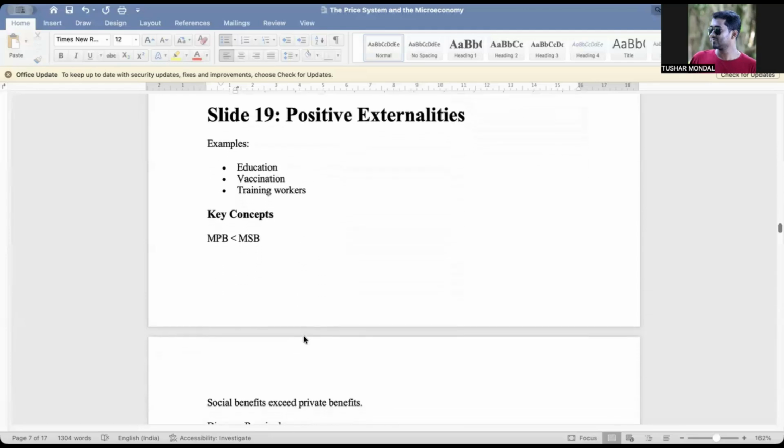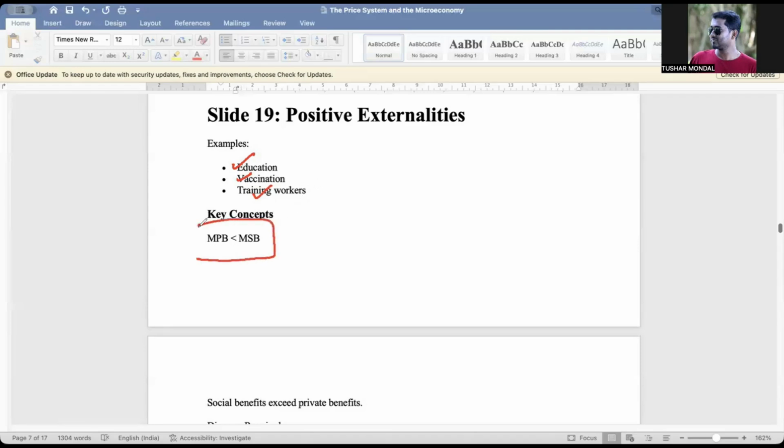Next, positive externalities. I mentioned this already, but one more time: education, vaccination, training workers. For example, if I join a company and it trains me for any purpose, it benefits me. If I leave that company and join some other place, I am already trained, so this benefits me.